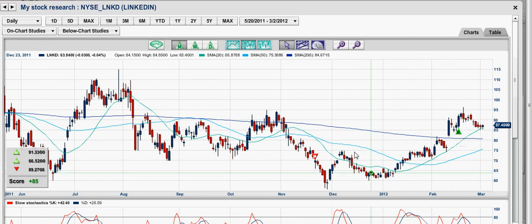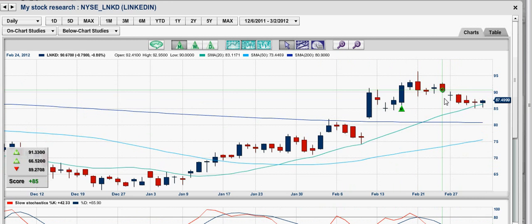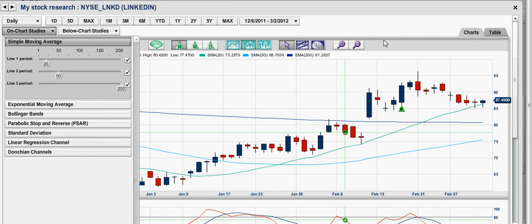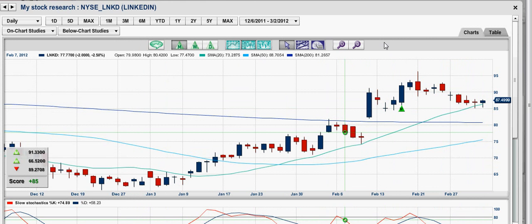LinkedIn again. The issue with LinkedIn and trying to short this stock right now is it is finding some support on that 20-day moving average. Alright, now that 20-day moving average is, again, going to serve as some support. But the issue with LinkedIn and trying to short it, even though it has a ridiculous 1,400 price to earnings ratio, is their profit model seems to be working out alright.